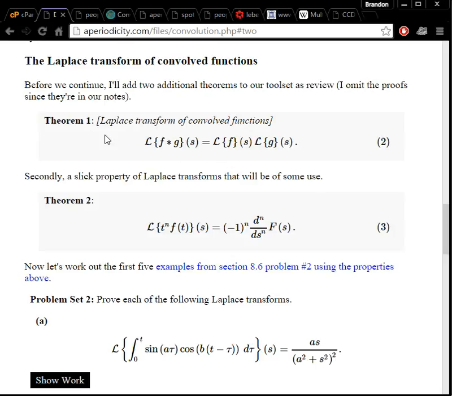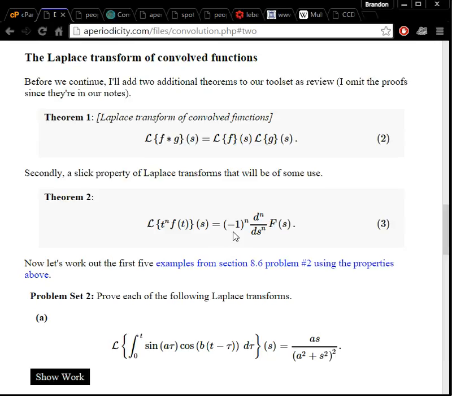So theorem 1 is the Laplace transform of convolved functions. The Laplace transform of the convolution of f and g is equal to the product of the Laplace transforms of f and g. So it's the Laplace transform of f times the Laplace transform of g, and this is a useful theorem that we're also going to use in one of the problems below.